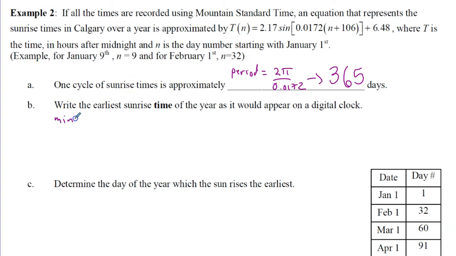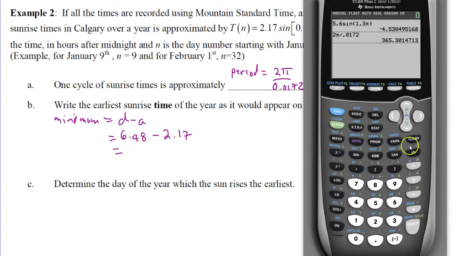The min is D minus A, which is 6.48 minus 2.17, which is 4.31 hours. Now that's decimal hours.